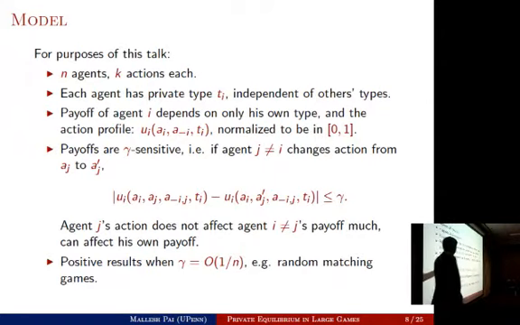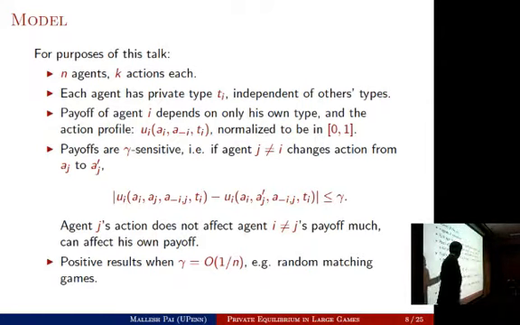We're going to say that payoffs are gamma sensitive if whenever some agent j changes his action, regardless of everything else, your payoff can be affected by at most gamma. So this is an assumption that says nobody else is particularly payoff influential on your own utility.